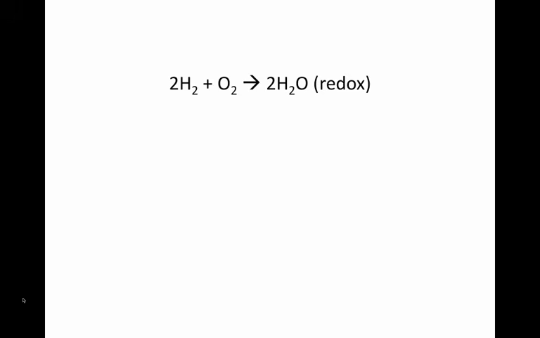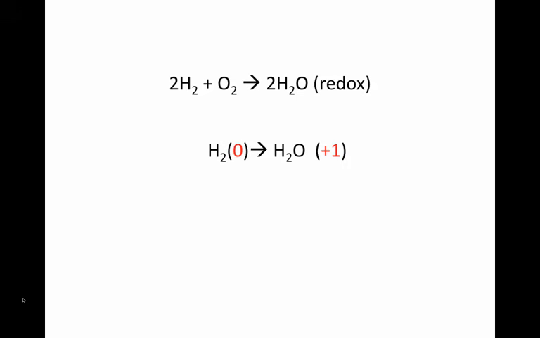Now if we look at more difficult to assign molecular reactions, here's the reaction of hydrogen and oxygen. And we decided it was a redox reaction. But if we look now at what happens to hydrogen during the course of the reaction, it goes from H2 in the oxidation state of 0 to H2O, where the hydrogen has an oxidation state of +1.